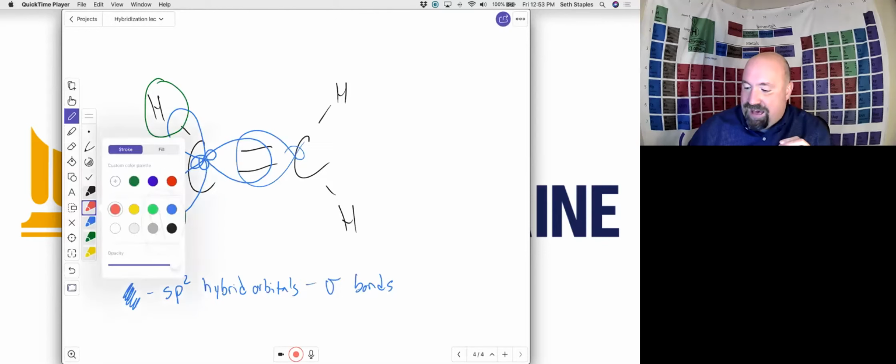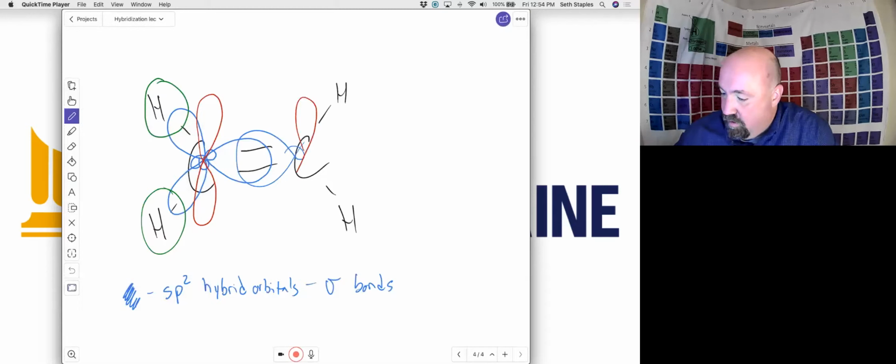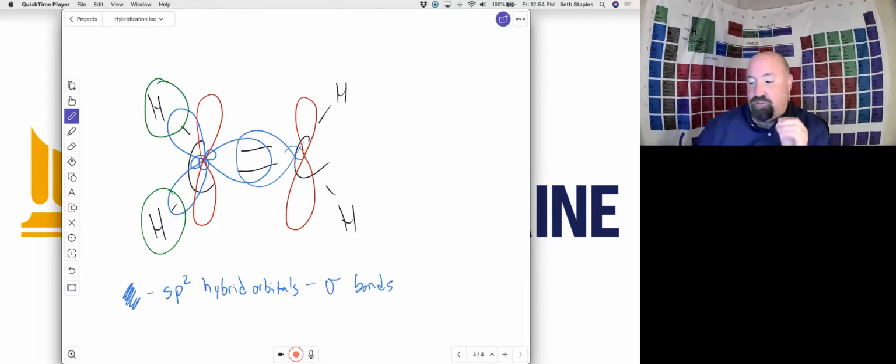And so remember that pi bond is going to live in the unhybridized p orbitals. And so if we draw that in too, and this is where things start to get really messy, but sorry, our unhybridized p orbitals. So here's our p orbitals that are still there in the carbon atoms. Those haven't been used. It's still just our p orbitals.